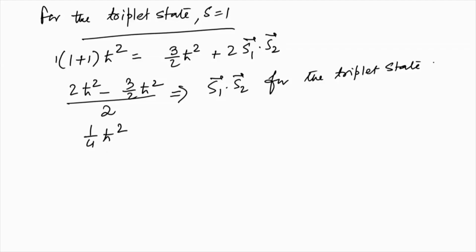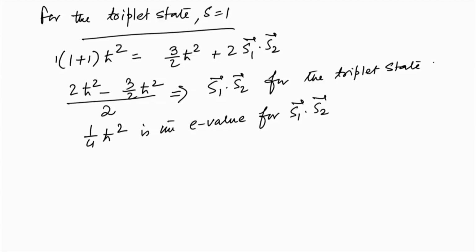So, 1/4 h cross square is the eigenvalue for the operator S1 dot S2 for a 2 particle problem.